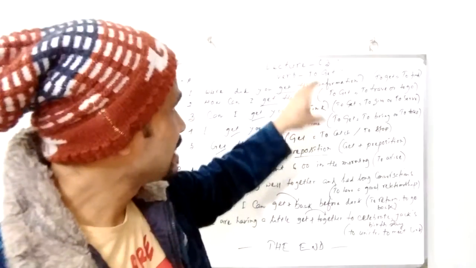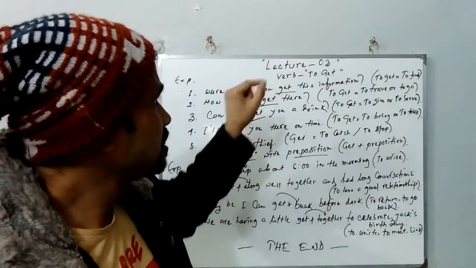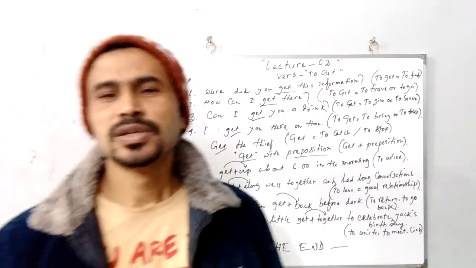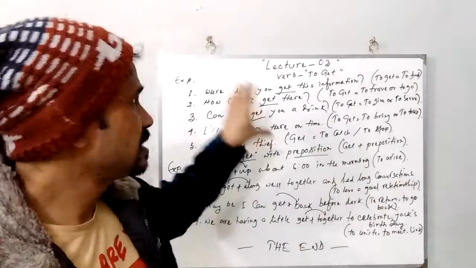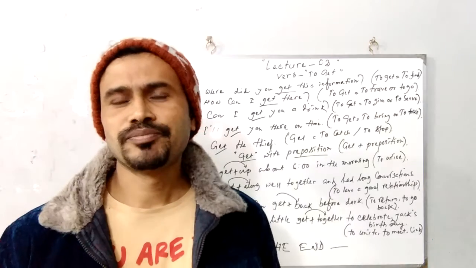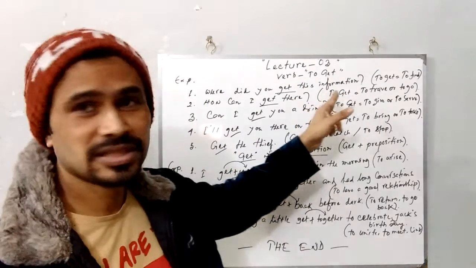Get is used as a verb, okay, in sentences. So before getting started, I would like to say one thing about to get, okay?